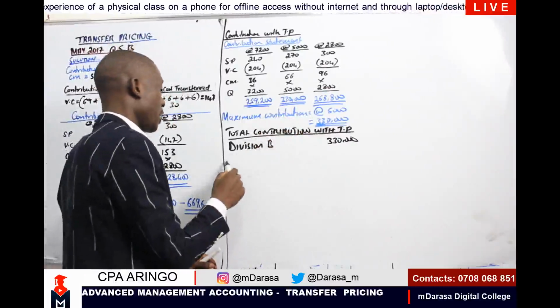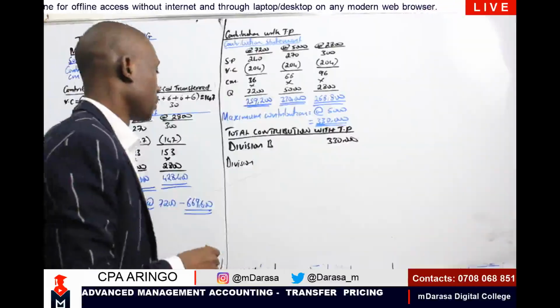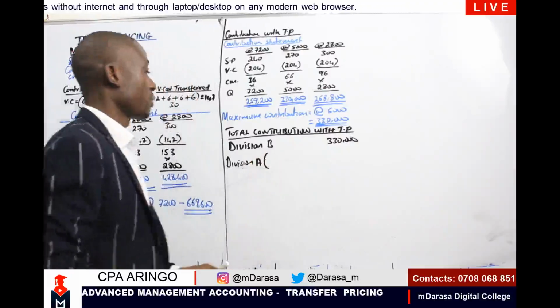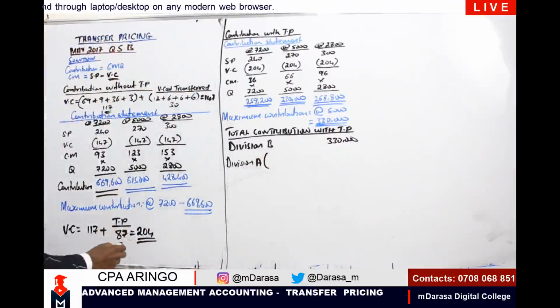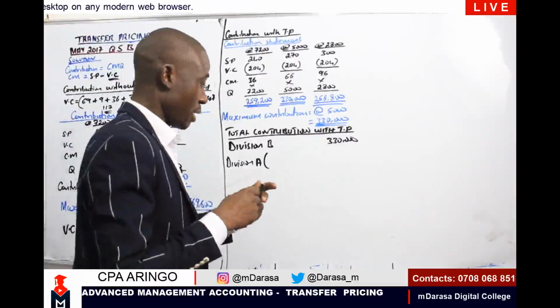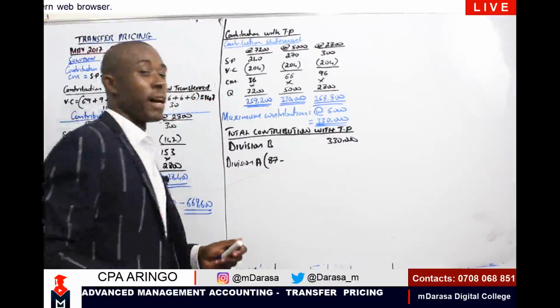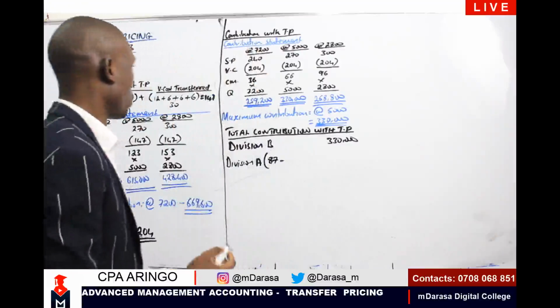And what is A getting from division B? So division A is getting how much from division B? The internal transfers. Transfer pricing was 87, right? So I'm having 87 here. Variable cost that A incurred, we had already determined it here.